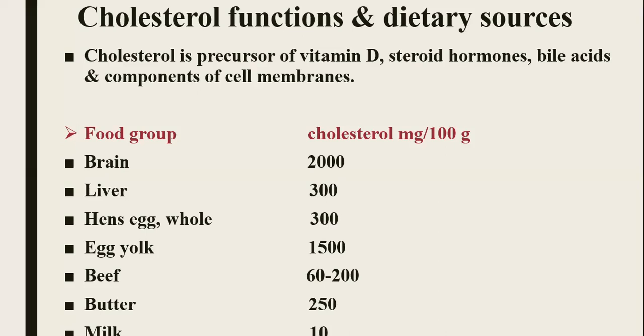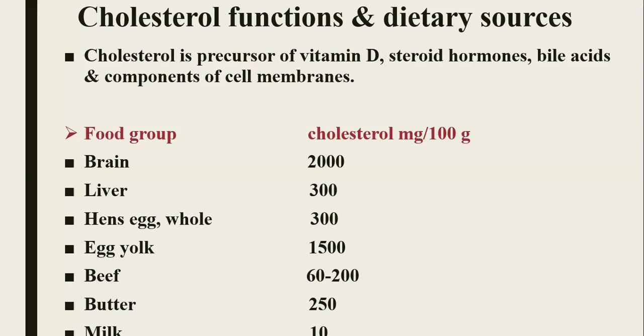Then cholesterol is also a substrate for the formation of steroid hormones like estrogen, progesterone, testosterone, glucocorticoids, and mineralocorticoids. And besides all this, cholesterol is also important for the formation of all types of cell membrane.